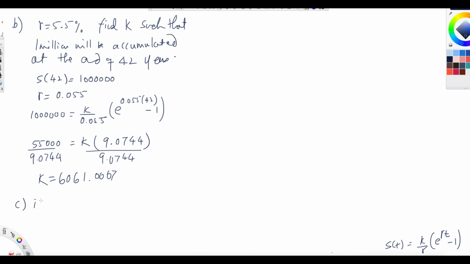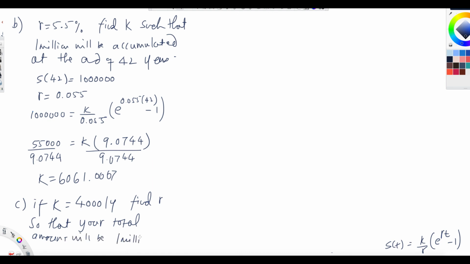So C is, if you collect $4,000 per year, find r so that your total amount will be 1 million in 42 years.